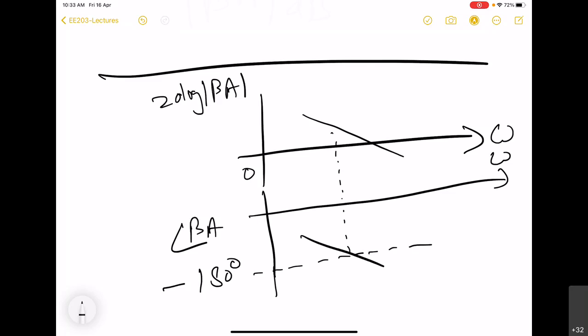Here. So what we see is there is a frequency at which phase becomes 180 degree. So you can say that this is the phase crossover frequency, this point. And the gain crossover frequency is going to be this one, omega gx.